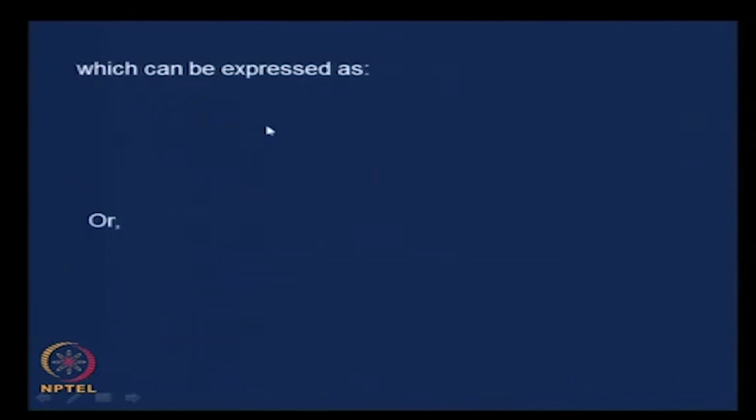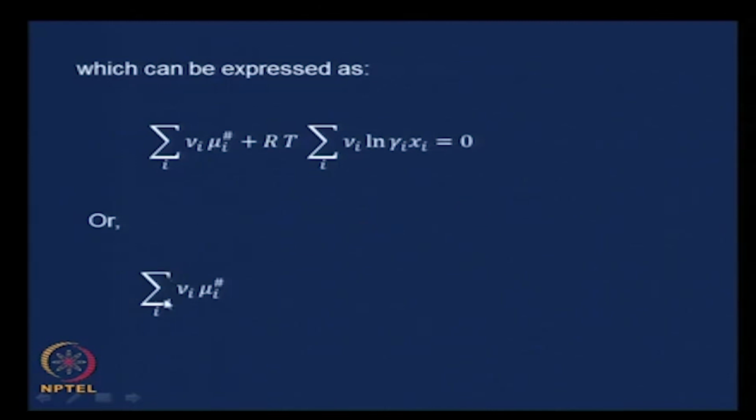which can be expressed as, expanding the terms, the sum over all i of nu i mu i hash plus RT times the sum over i of nu i ln gamma i x i. RT is a constant and therefore I have taken it out here. This equals 0, or you could write this as the sum over i of nu i mu i hash equals minus RT times the sum of nu i ln of gamma i x i, which is nothing but ln of gamma i x i raised to the power nu i.